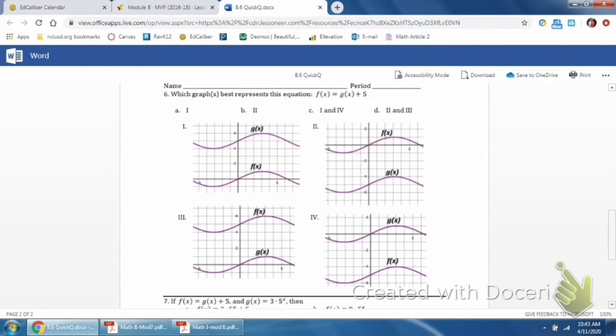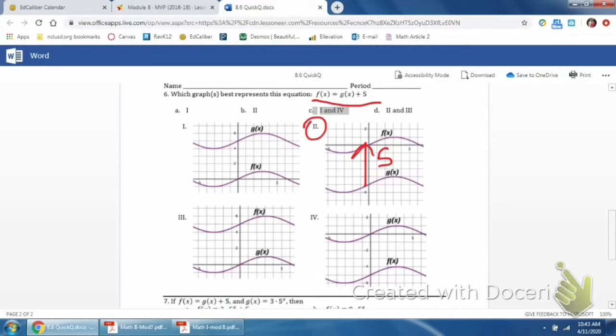Alright, 6. So now again, read this math, or translate Mathlish to English. F of x is g of x moved up 5. So to get to f, you go to g and go up 5 now. So f should be higher than g, 5 higher than g. So this one works because it moved up 5. 2, 3, 4, 5.